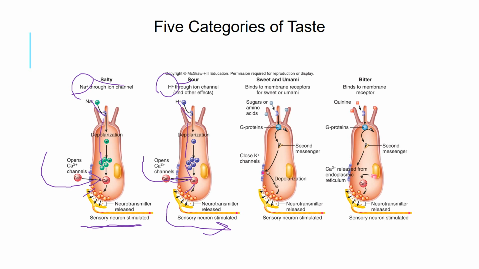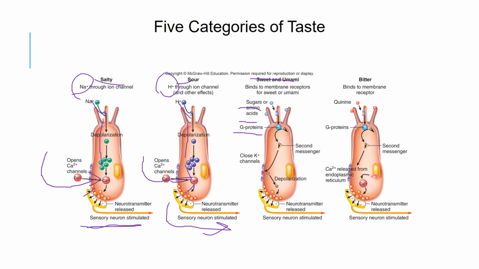Sweet and umami are going to activate similar pathways, where they're going to bind to a second messenger system, which is going to be predominated by G-coupled proteins. So with these, either sugar or amino acids, typically glutamate, will bind to the receptor and then activate a G protein or a second messenger system.